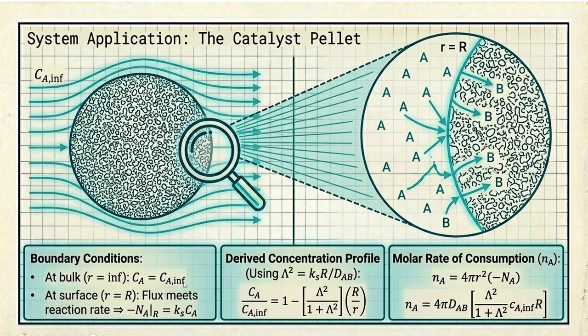CA is equal to CA infinity, that is concentration of A. At surface of this particle, r is equal to capital R.